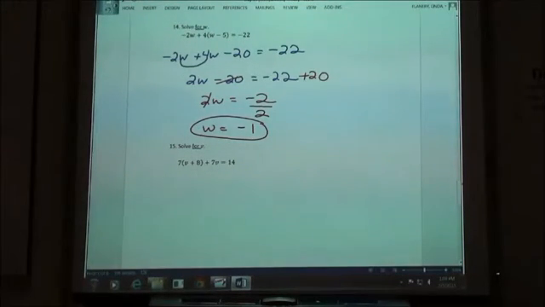Just write it over here on the side. Then we had to solve that for w, and it is not 1, but negative 1. I know. Positive divided by a negative is a negative.